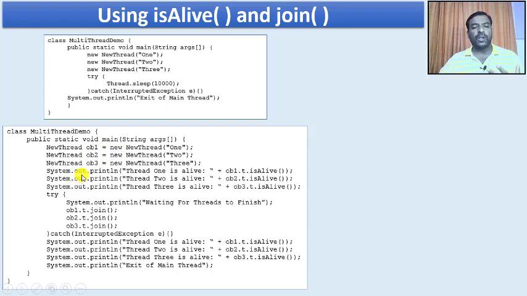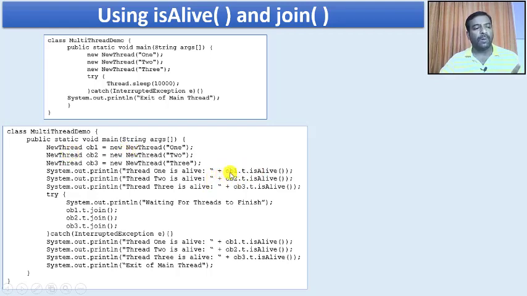Clear? So now I am going to print a message stating whether thread 1 is alive or not, thread 2 is alive, thread 3 is alive, by calling the function isAlive. So I am using object 1 dot t, which is the data member of the class MyThread, that is the new thread.